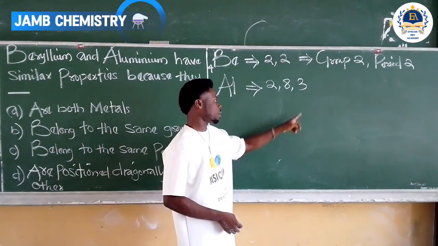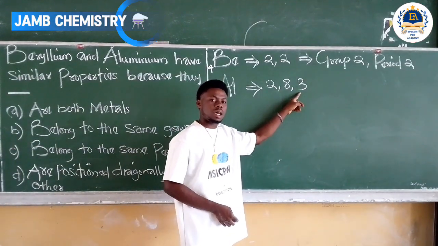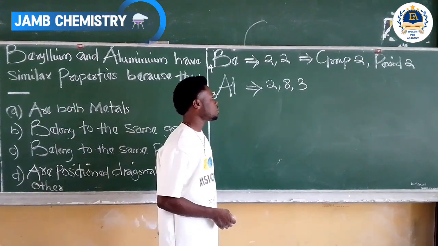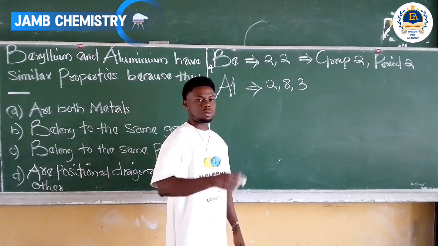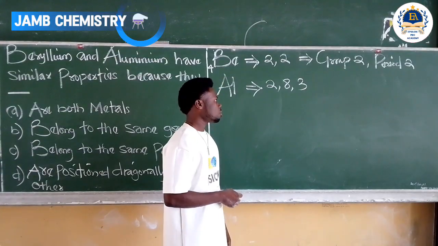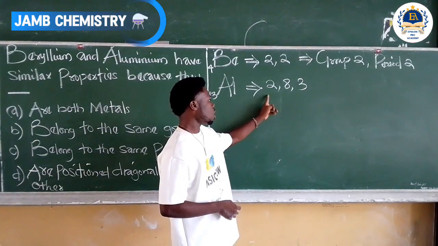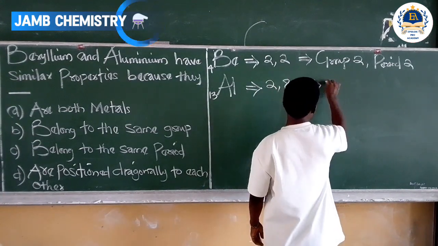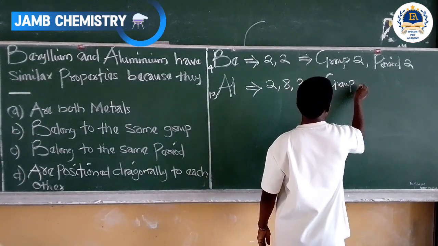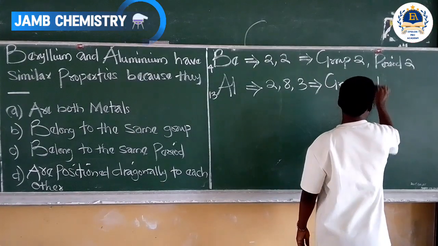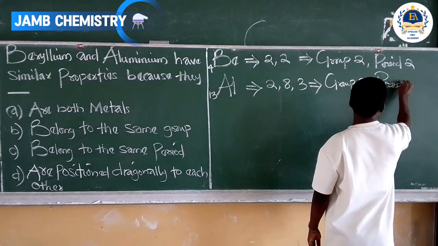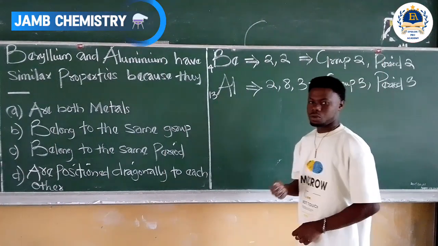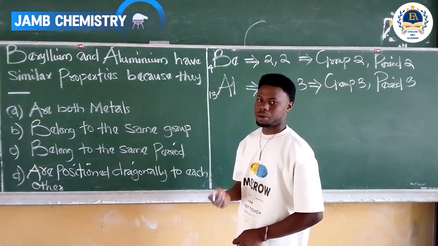Aluminium belongs to group 3 because the valence electrons are 3, and period 3 because it has 3 shells. They are not in the same group, neither are they in the same period.